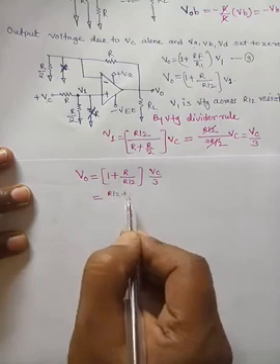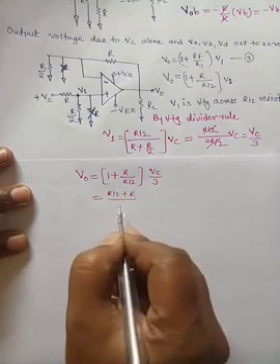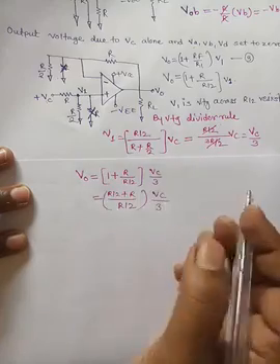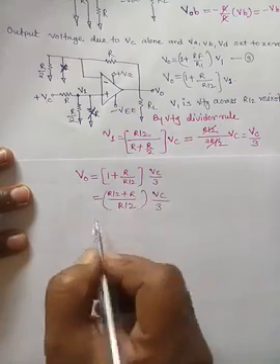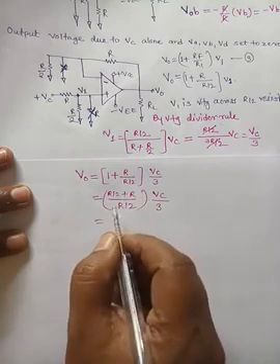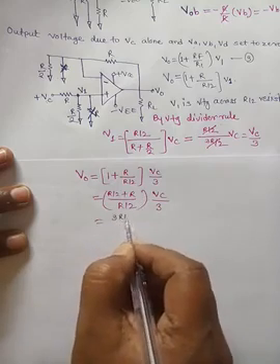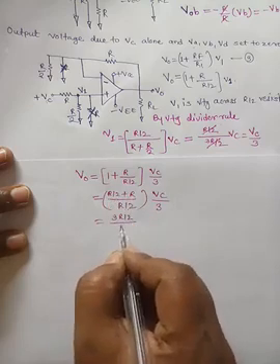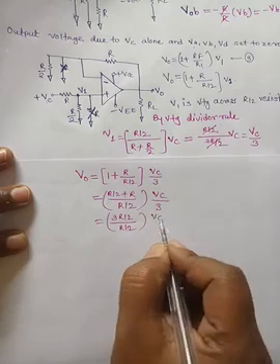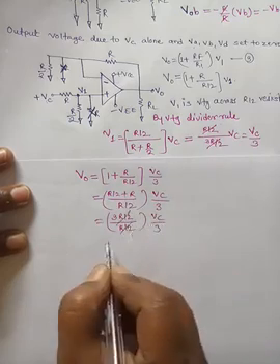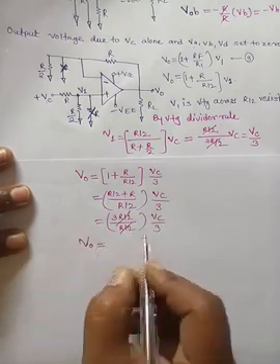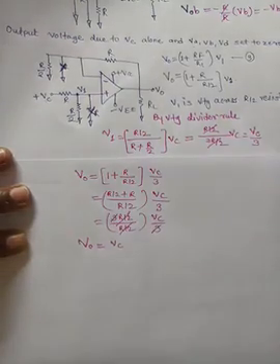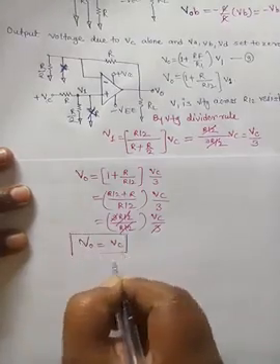Again this reduces to 3R by 2, that is R plus R by 2, divided by R by 2, into VC by 3. So the output voltage is equal to VC. This 3 and this 3 will also get eliminated. So this is the output voltage.